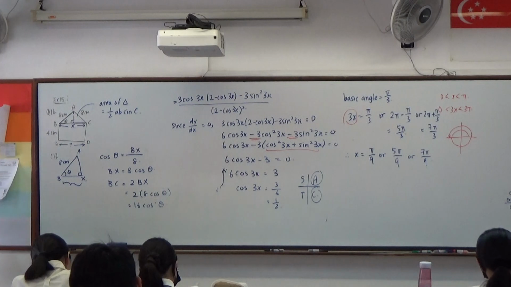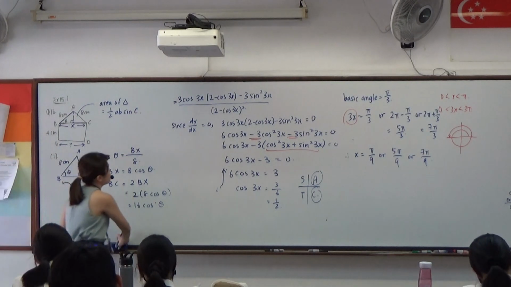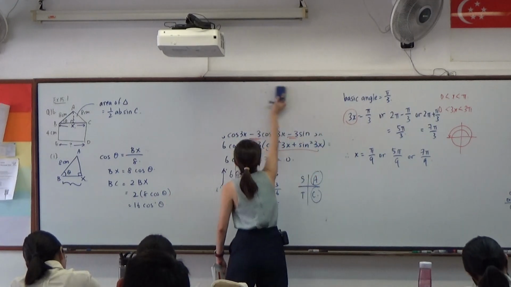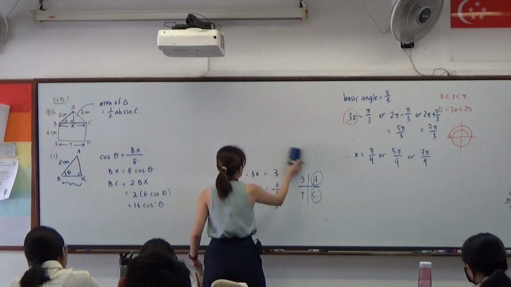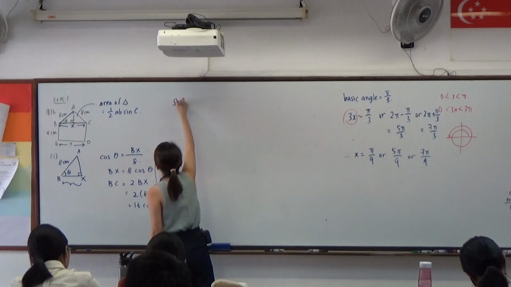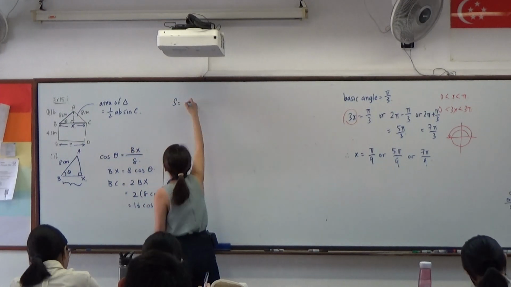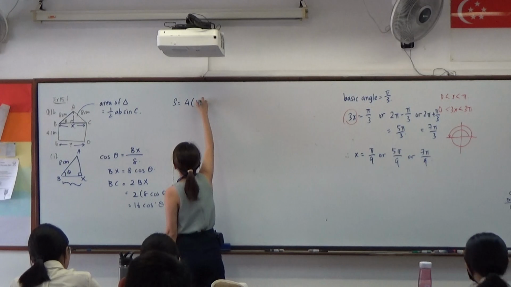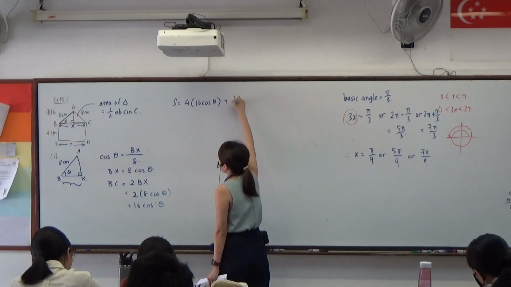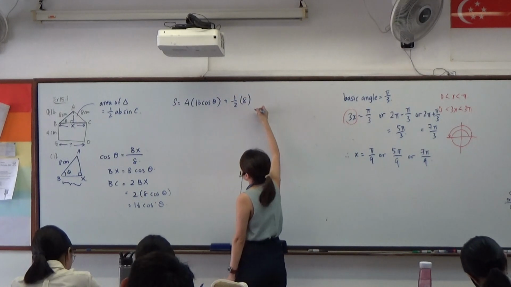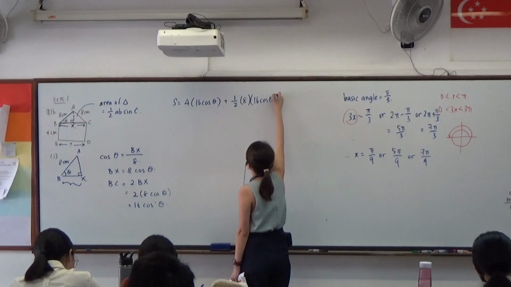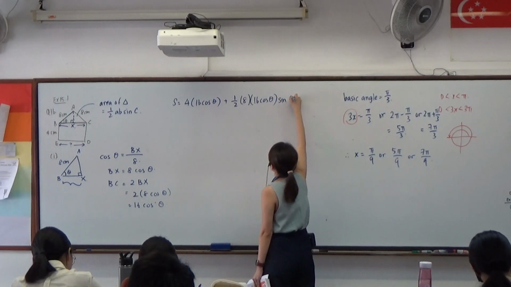Okay, so now that I have BC already, everything will fall into place for us. Whereby the area S will be, area of rectangle is 4 times ED, which is 16 cosine theta, plus the area of the triangle, half AB sine C, so 8 cm times your BC, that's 16 cosine theta, times sine theta.